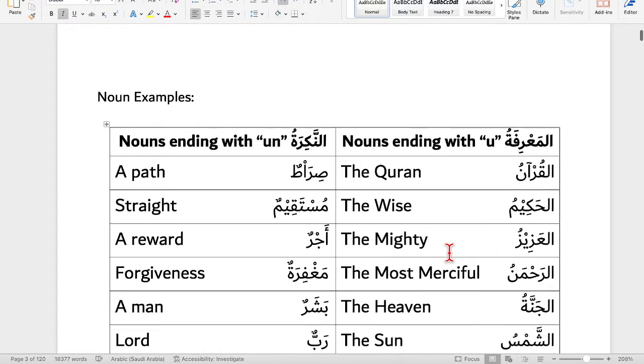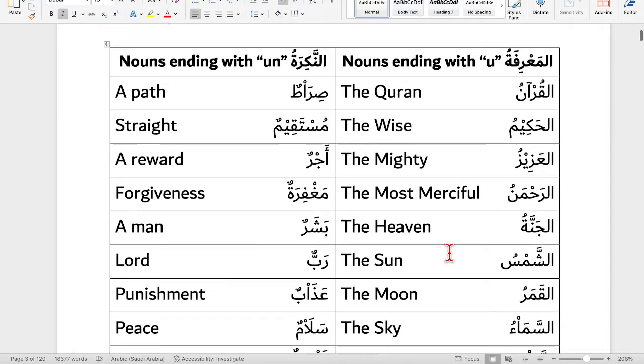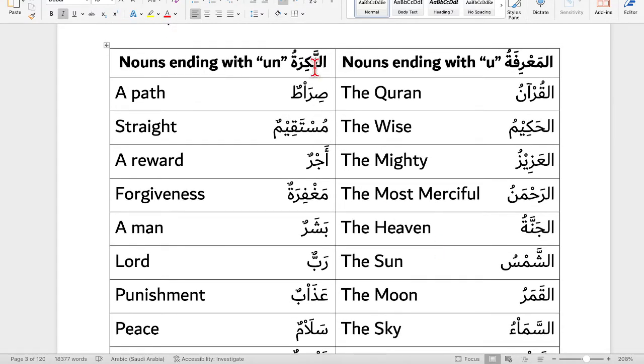So here are some examples of nakira, which is with the tanween, the un sound, and marifa, which is with the al. So nakira means common noun, marifa means proper noun. You will note that all the examples that I have taken here are from Surah Yasin.